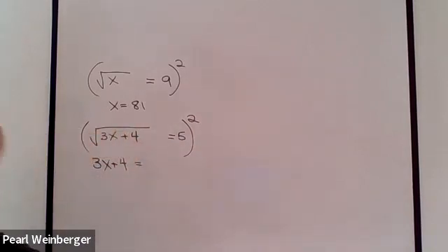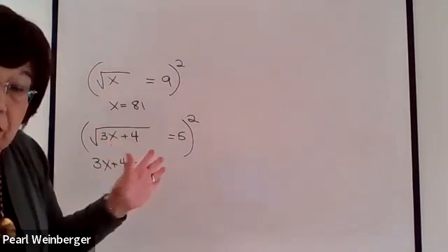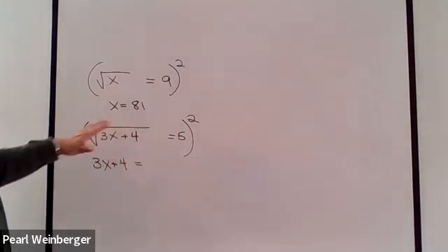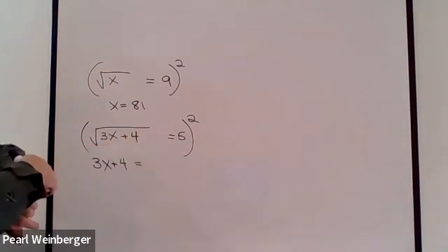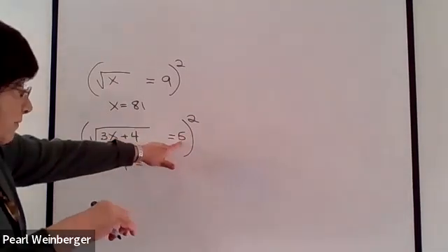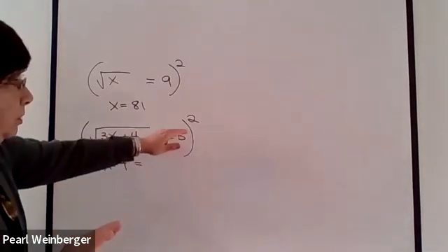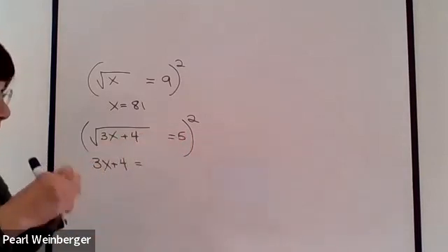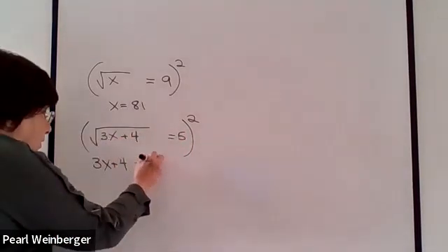Because multiplying a radical by itself gets rid of the radical, and you're left with what's inside. On the other side, I have a 5. It's not in a radical. So when I do 5 squared, I actually have to multiply 5 times 5 and get 25.